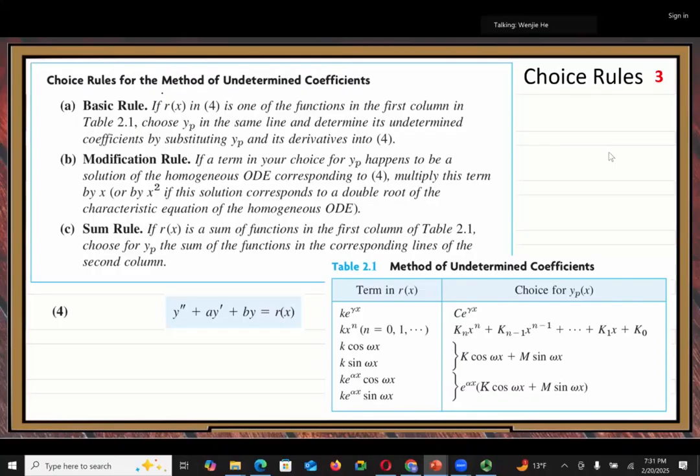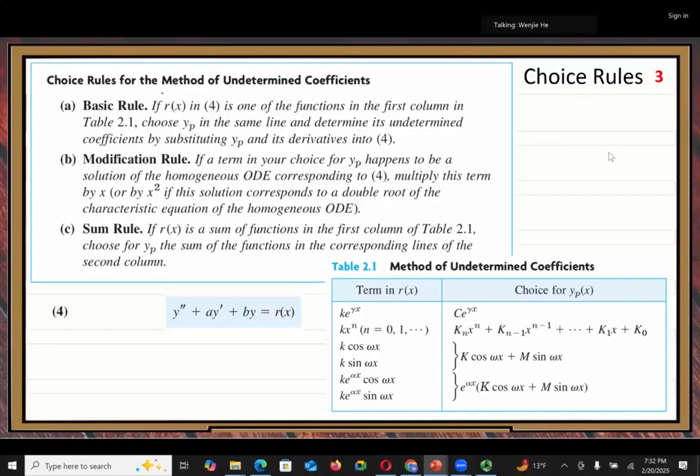If a term in your choice for YP happens to be a solution of the homogeneous ODE, so you find the solution of the homogeneous ODE first. Then if one of the homogeneous solutions appears in that R term, after you detect that property, you can apply this rule.